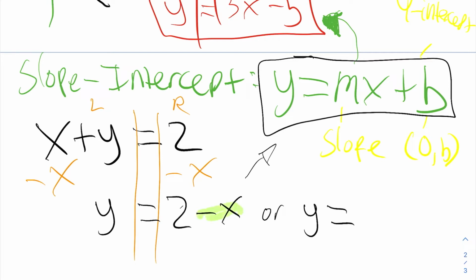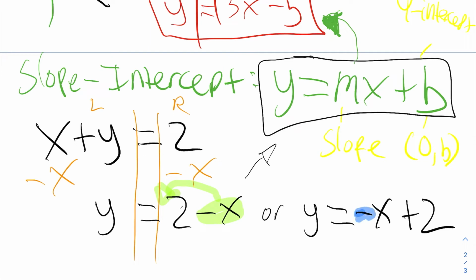Or let's say y equals, I can move this guy to the front and call it negative x. Now this 2 is still positive. There's no negative sign above the 2. So I'm going to say y equals negative x plus 2. So now I have some information.